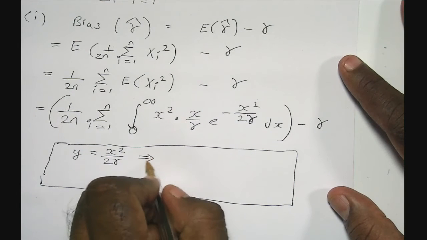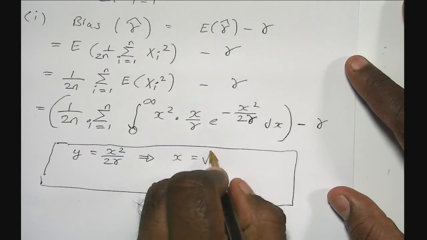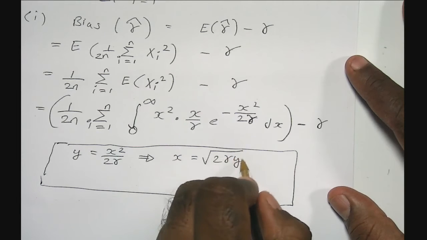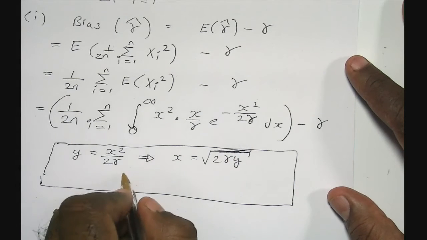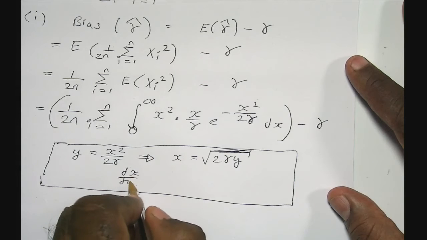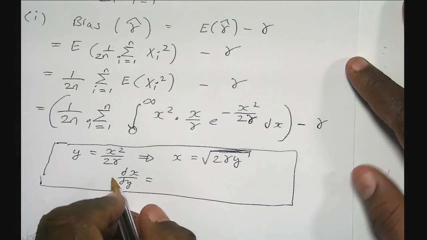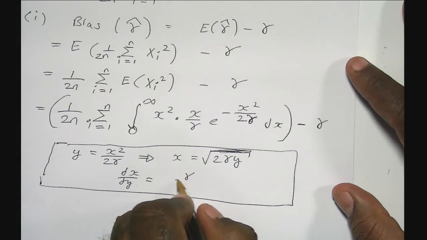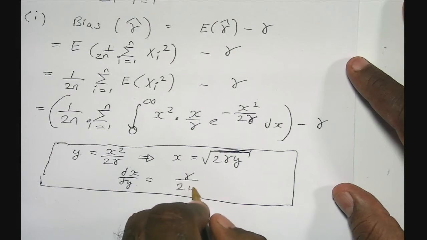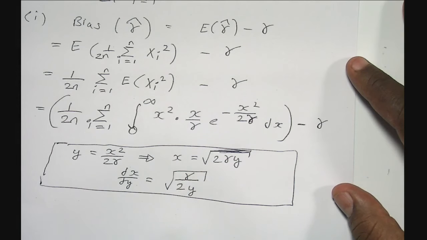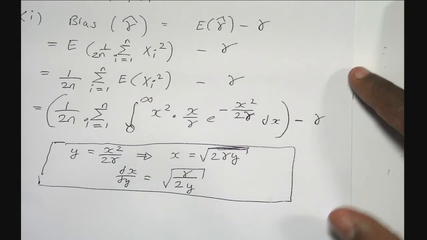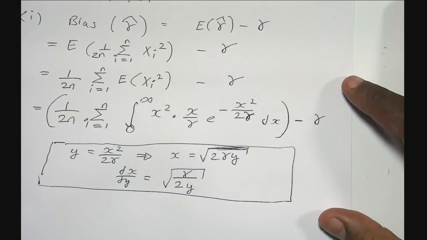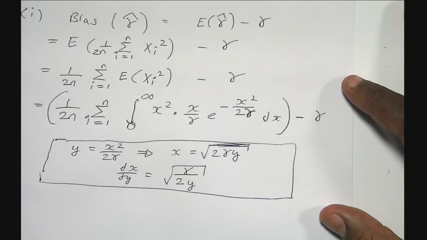So this implies that x is the square root of 2 gamma times y. Alright? So dx by dy will be gamma divided by 2.